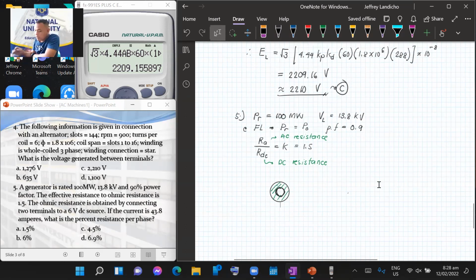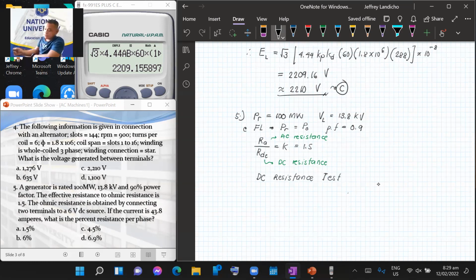In order to obtain the ohmic resistance, we perform a test. What kind of test? We perform a DC resistance test. How is the DC resistance test done?